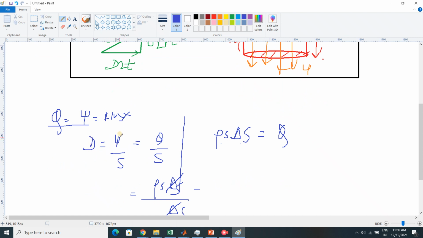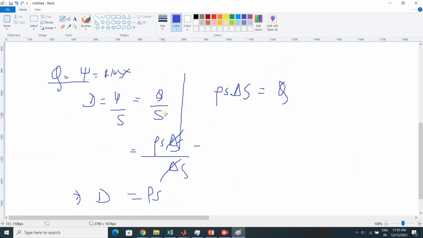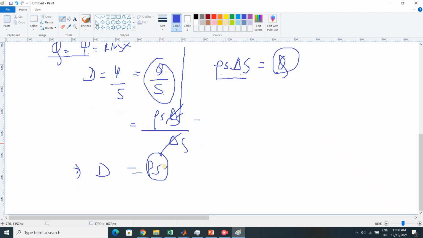Now flux density means, electric flux density is psi by area. So flux per area. Since flux is equal to charge, you can write charge by area. Okay. So charge per area is nothing but the surface charge density, because surface charge density into area gives you charge. That means electric flux density is equal to the surface charge density.